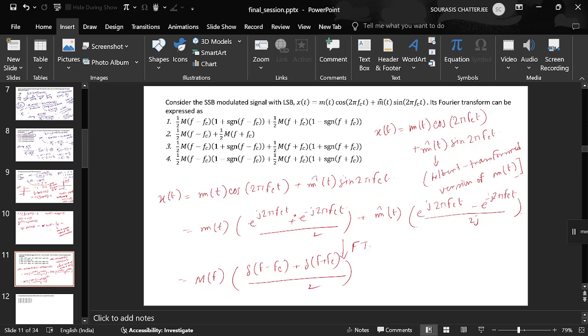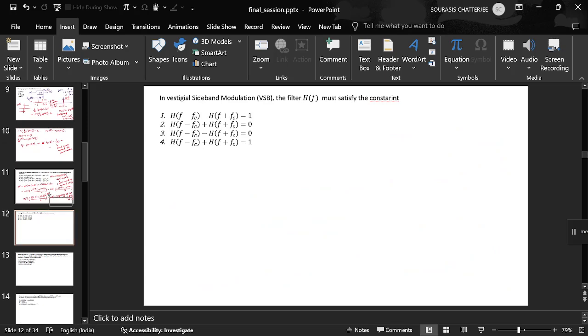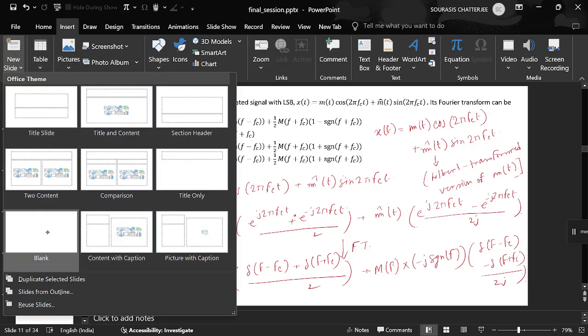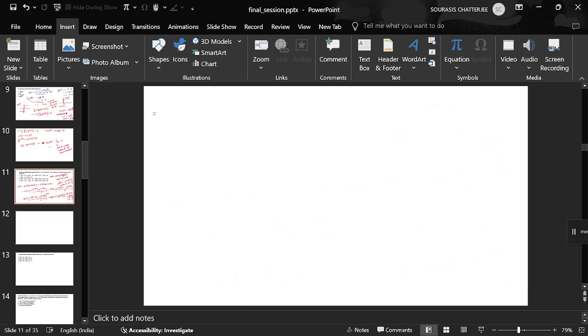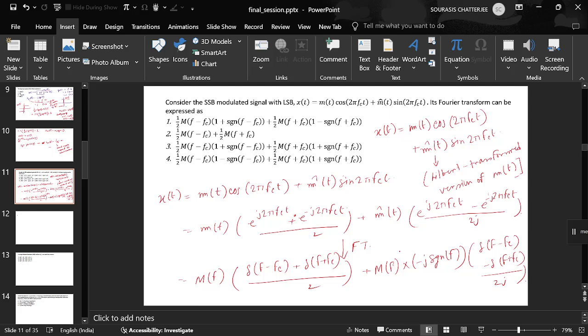So the Fourier transform of m hat of t is basically the product of M f with minus j sin f, and here again it's delta f minus fc minus delta f plus fc divided by 2j. So this j is going to cancel out.